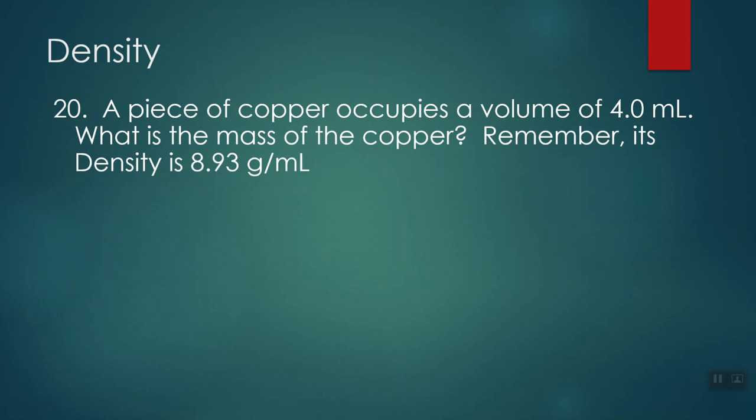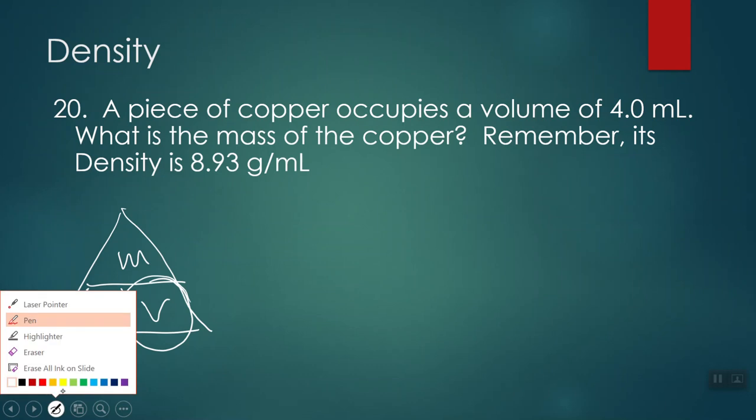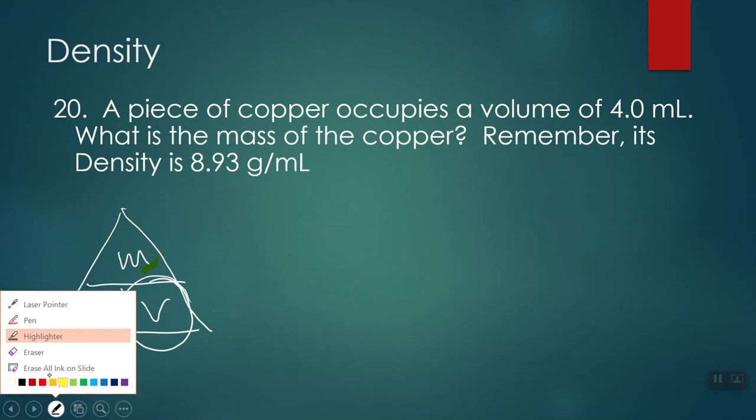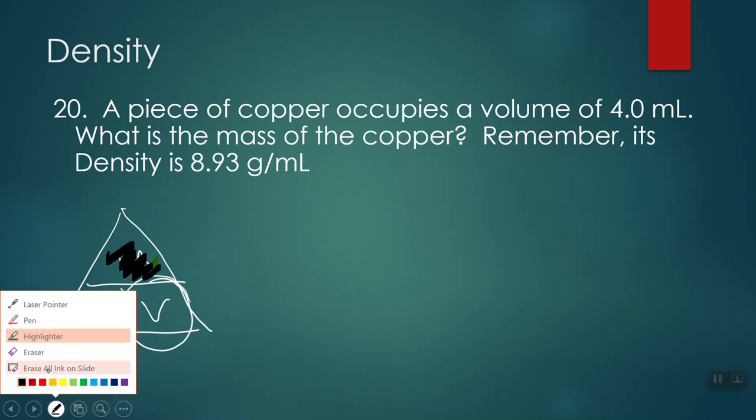How about this one? It's a density question. A piece of copper occupies a volume of 4 milliliters. Circle volume. What is the mass? Scratch away the mass because that is what you're trying to find. Don't scratch the other one away.